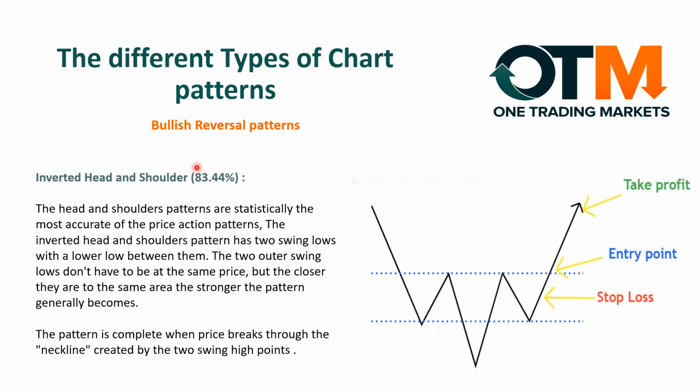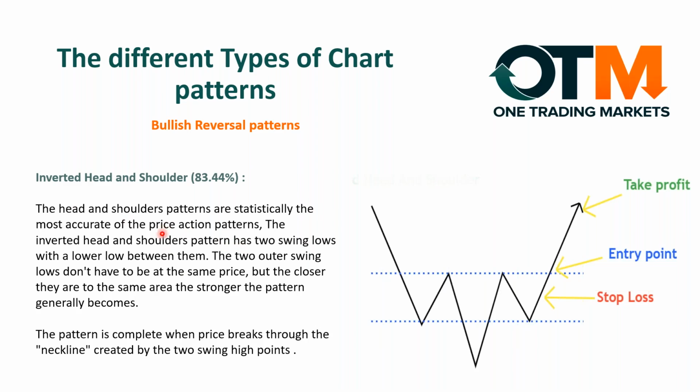Like we said, the head and shoulders is one of the most statistically accurate patterns. It has an 83.44% probability. A lot of studies have been done on these patterns to get these numbers.